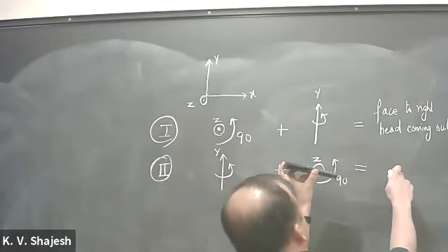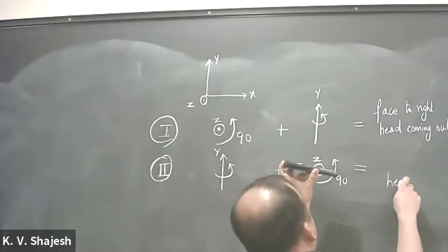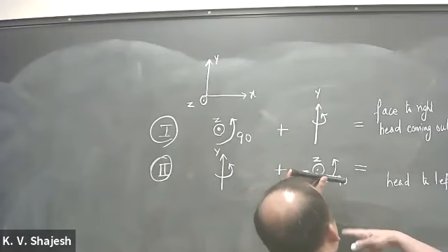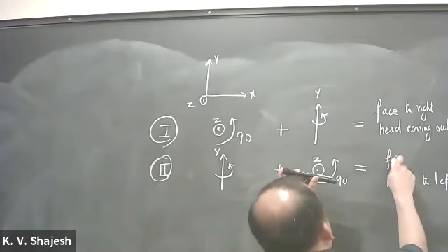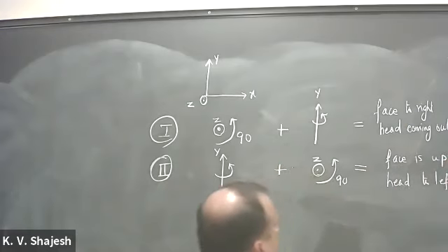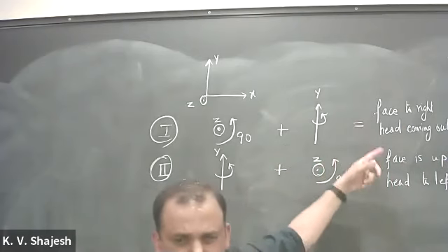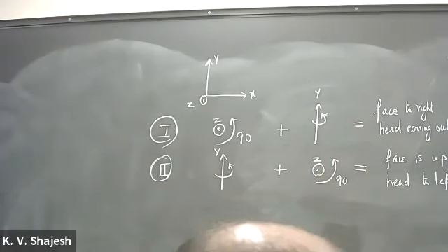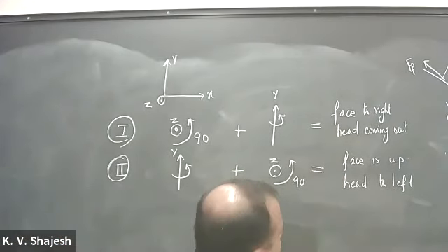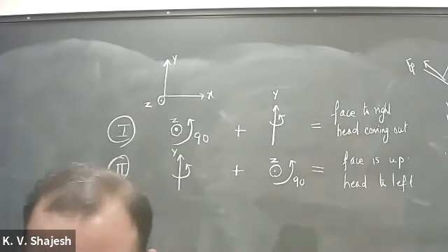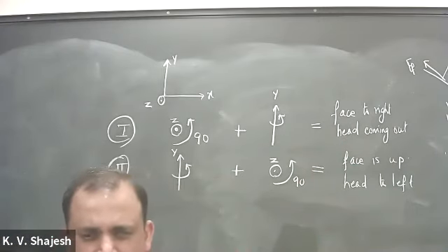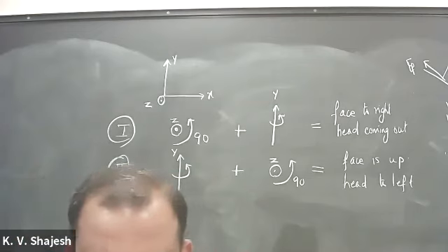So this time, the head is to the left, and the face is upwards, right? And clearly, that's not the same as what we had earlier. Up, so it's slightly out of the board. Face to the right, face to the up. So it's not the same. That's the idea. So that's the meaning of saying that rotation is not commutative. It matters in what order you do it.